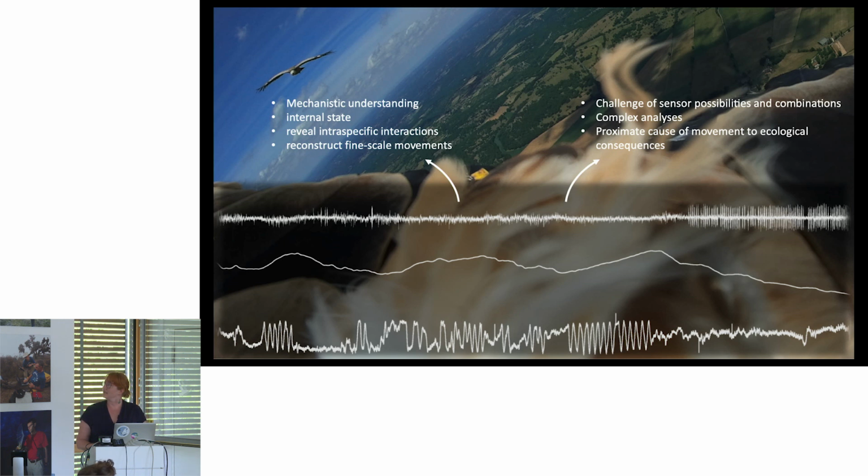It gives you approximate cause of the behavior, but then relating this very fine scale data up to a bigger ecological picture, maybe evolutionary, on how they're making these decisions or why they're going where they go, that's another step. We're getting a very fine window into their behavior with these sensors.